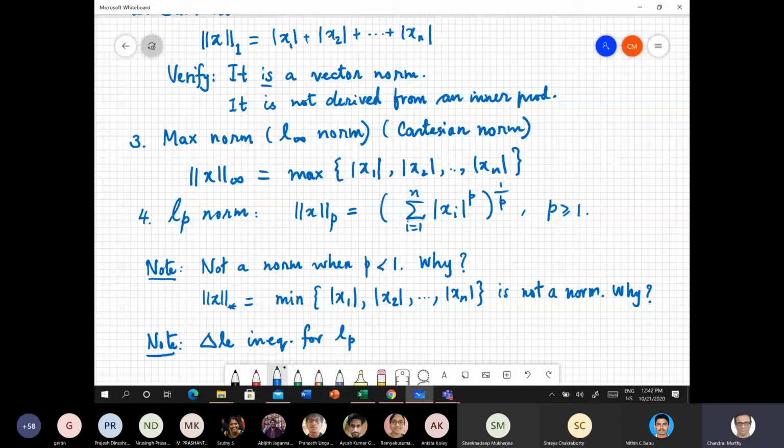Similarly, when p is less than 1, this definition of the LP norm does not satisfy the triangle inequality. So show this.